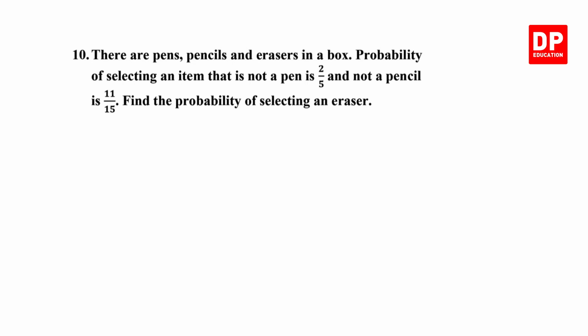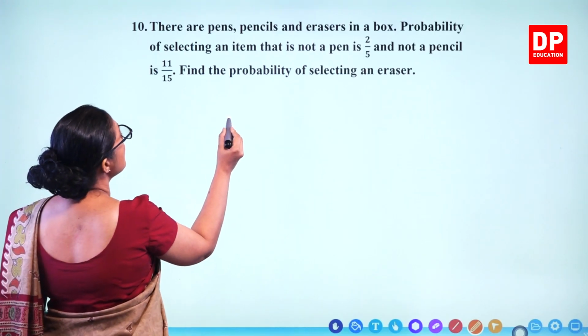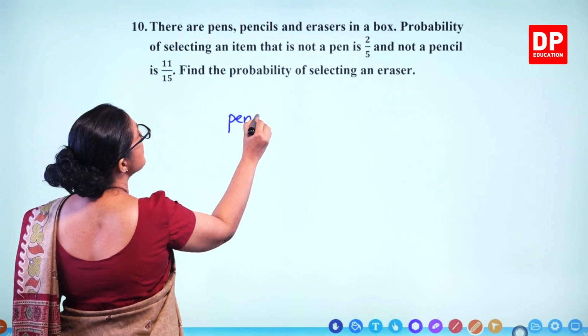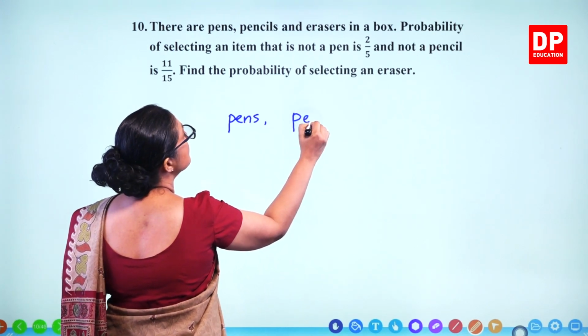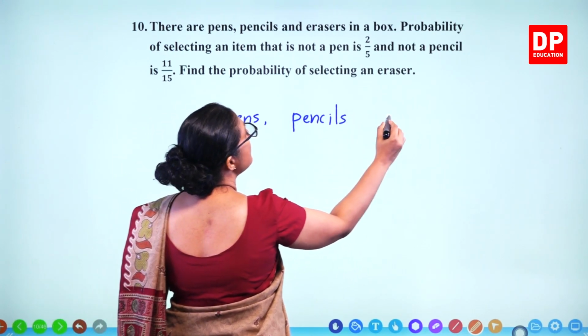Question number 10. There are pens, pencils and erasers in a box. Probability of selecting an item that is not a pen is 2/5 and not a pencil is 11 over 15. Find the probability of selecting an eraser. So here pens, pencils and erasers.